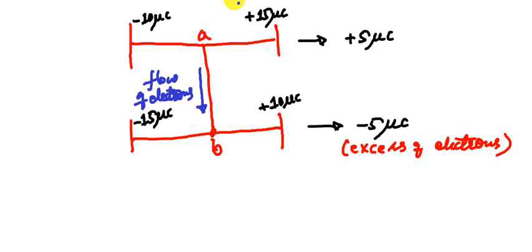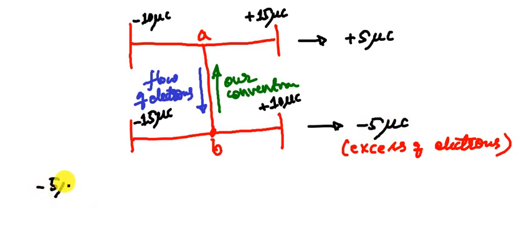So we will follow some convention. What is our convention? Our convention is that positive charges flow in this direction. So let us find the actual amount of charge that flows. A charge of 5 microcoulomb flows.